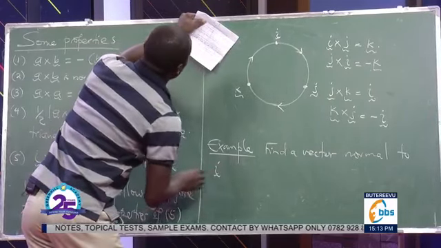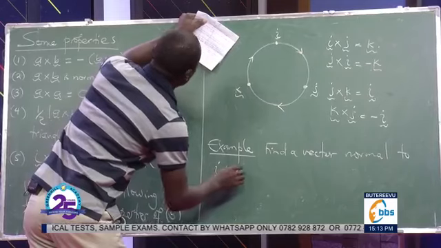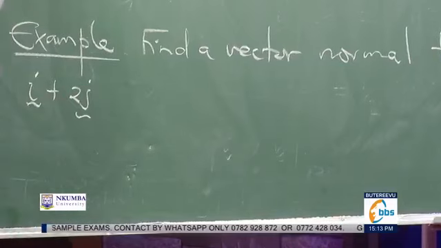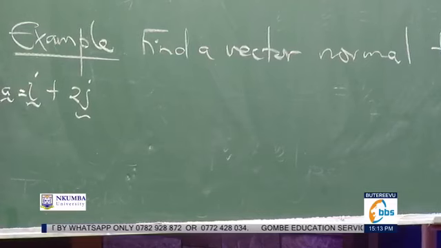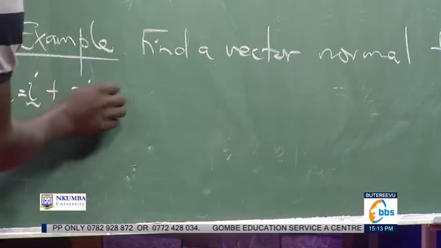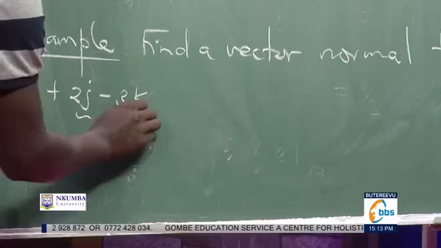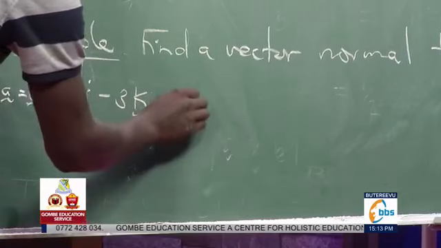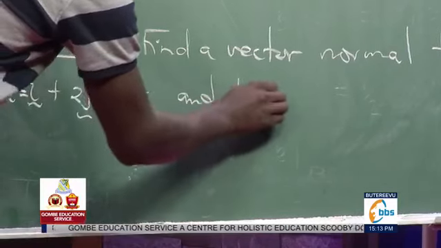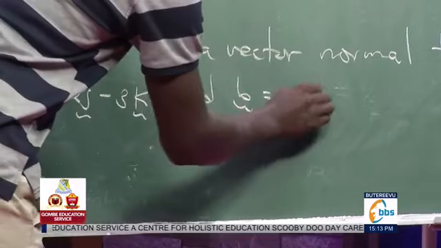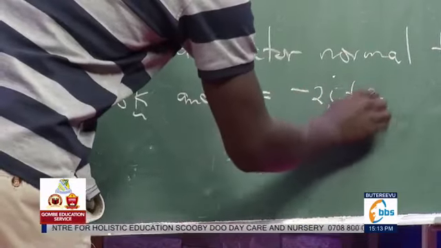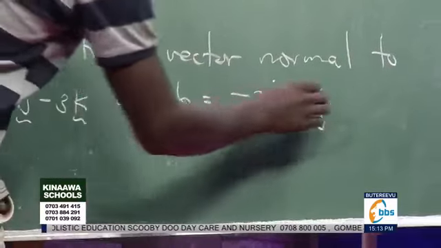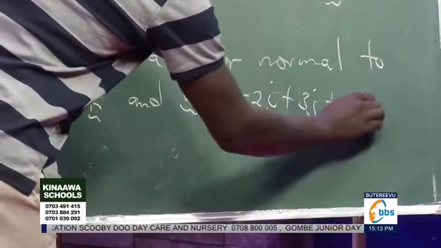Let this be A: I plus 2J minus 3K, and B equals negative 2I plus 3J plus 5K.